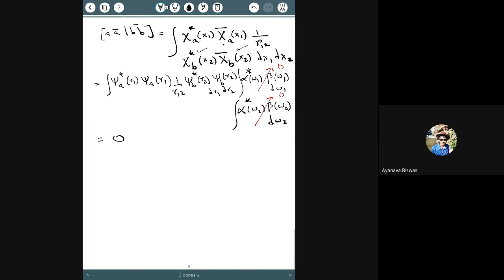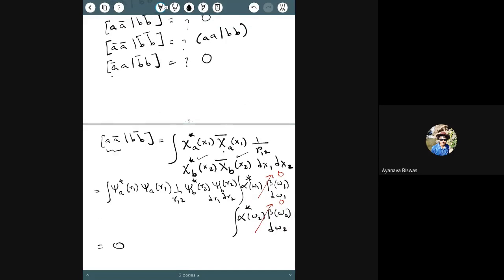So in Mulliken form, since this part is electron 1 and this part is electron 2, unless they both are alpha or both are beta, you will get 0. The other one which can be non-zero is A A bar, B B bar. There you would have this integral being alpha star alpha and this integral being beta star beta.